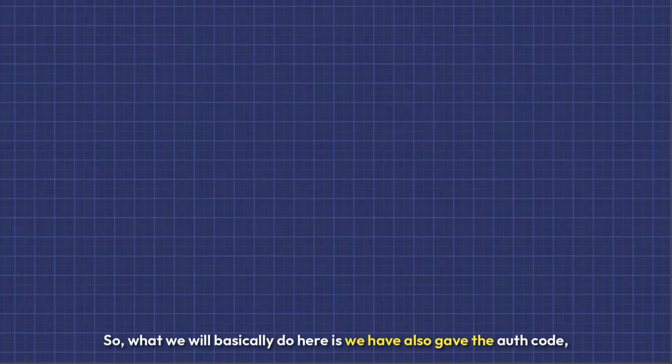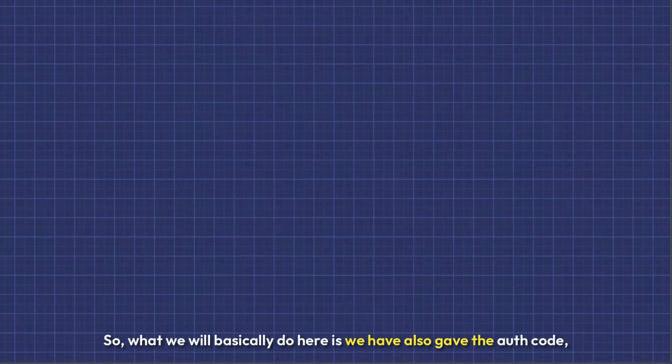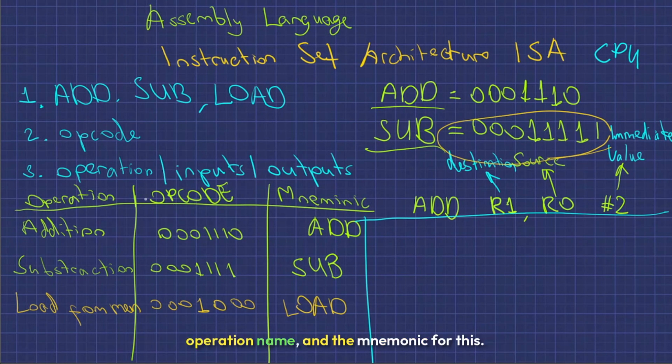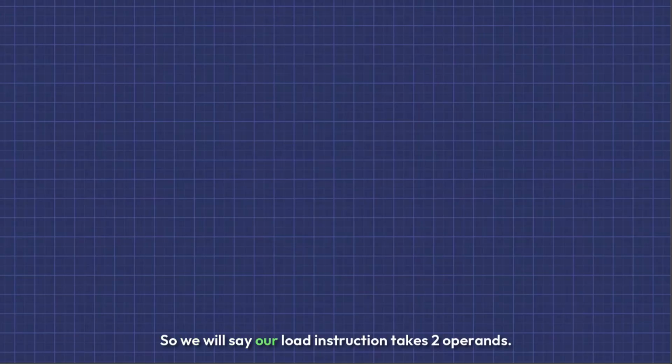We also give the opcode an operation name and the mnemonic. The operation name is just for us to see what this instruction does. So our load instruction takes 2 operands.